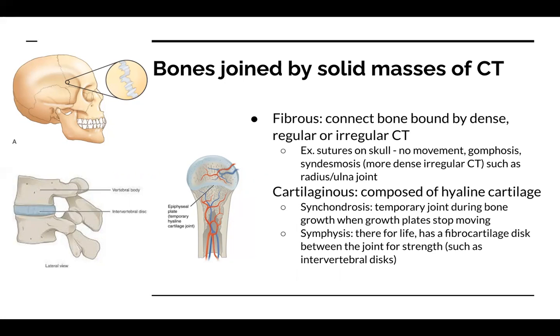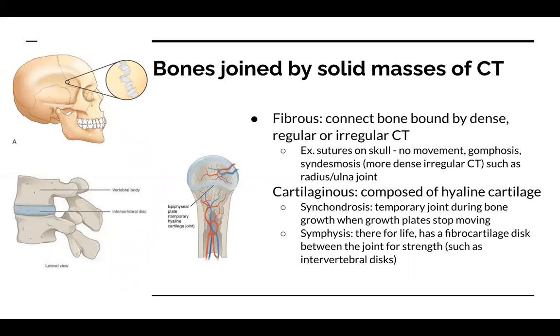You also have cartilaginous joints, which are composed of hyaline cartilage, and this is where synchondrosis and symphysis come into play. Synchondrosis is your primary cartilaginous joint, and it is a temporary joint where your bone growth and growth plates are, and eventually they'll stop moving because you stop growing.